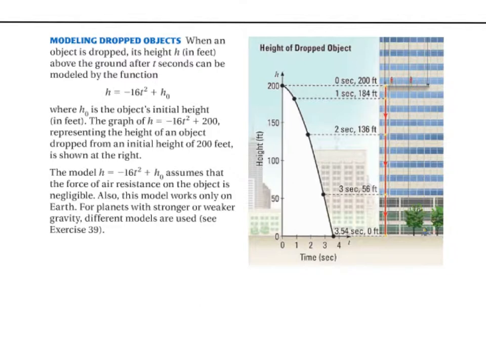And the real world application for quadratics is when you have an object at the top of the building and drop it down. And so up here you can see that if you were here, I guess your window washer, and you drop something straight down, it would go.